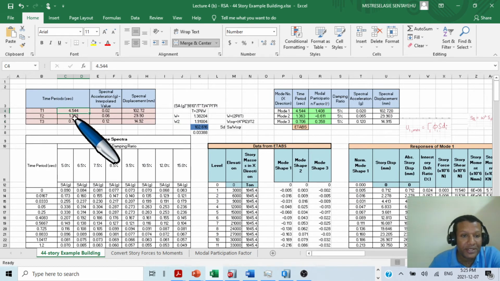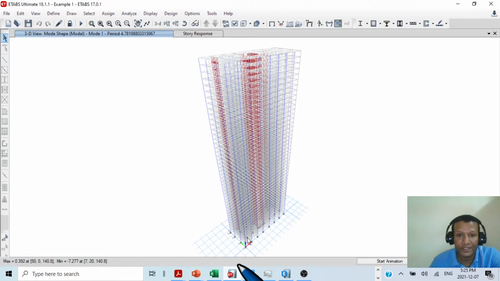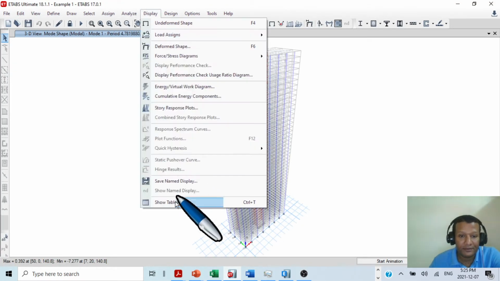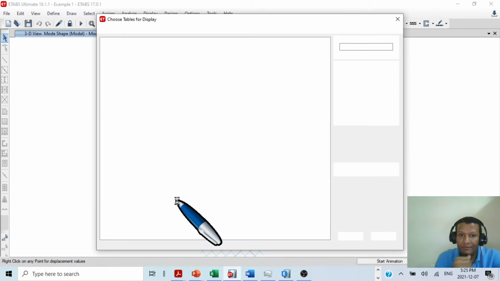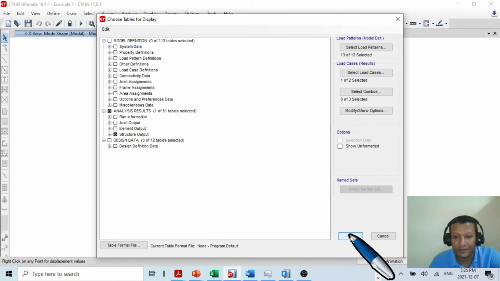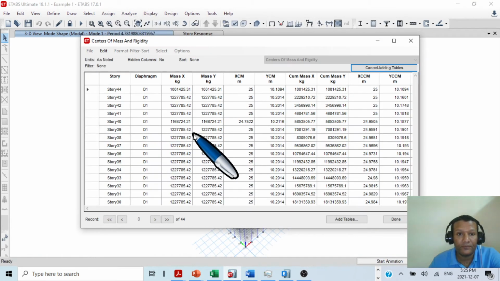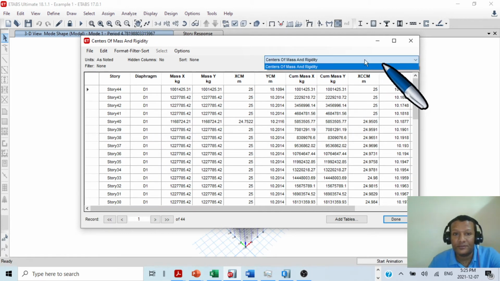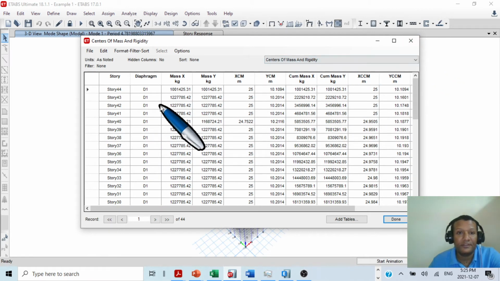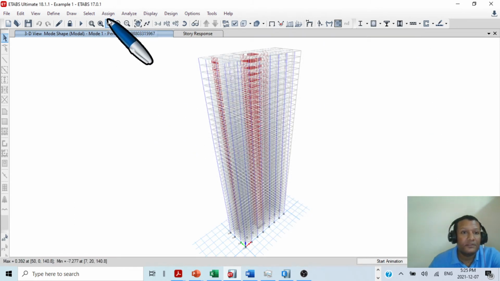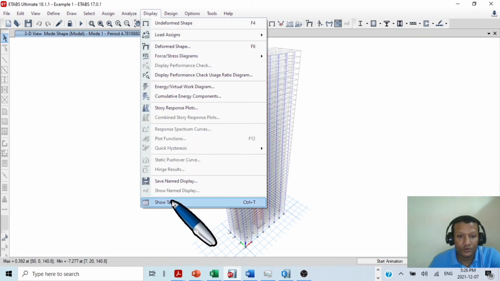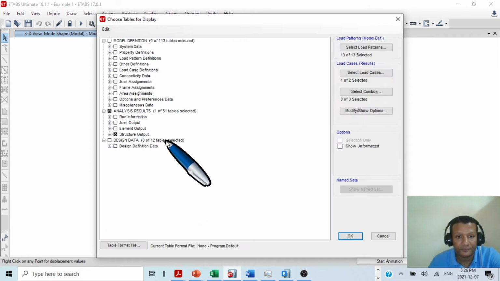So first we will pick these points, the time period. So we go here, display, show table, structural output.